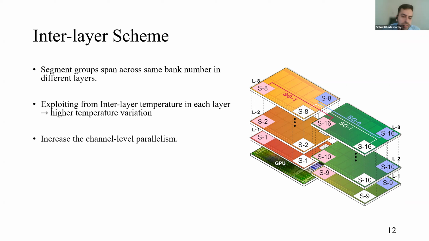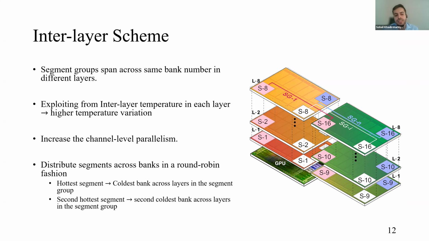By doing so, we focus on increasing the channel level parallelism, and we distribute segments across banks in a round robin fashion to minimize the conflict. In this way, the hottest segment will go to the coldest bank across layers, the second hottest will go to the second coldest bank across layers, and so on and so forth.